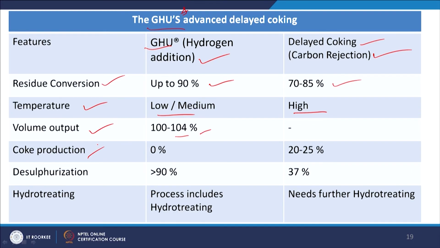For coke production, there is no coke production in GHU, but in coking we can get 20 to 25% coke production. Desulfurization is there in the case of the hydrogenation unit, but in coking I do not get any desulfurization. The coking process does not include hydrotreating and requires further hydrotreating.